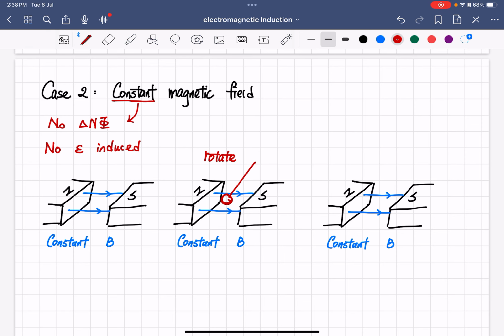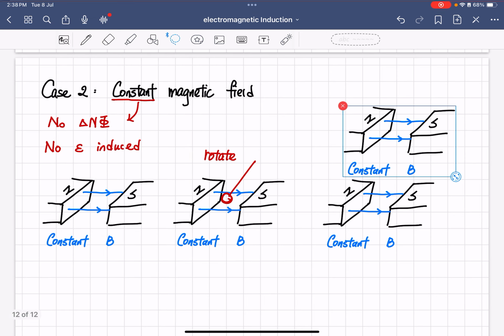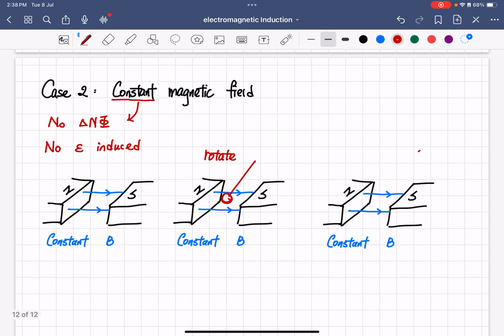And then you just suddenly pull it away. Now in doing so, although the magnetic field itself is constant, the magnetic flux linkage the coil experiences is not constant because you move the search coil.